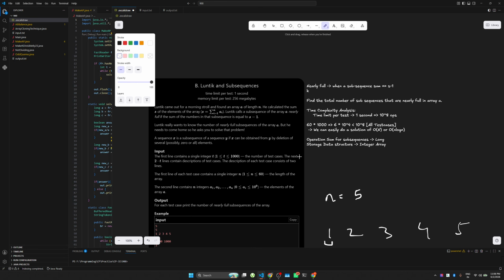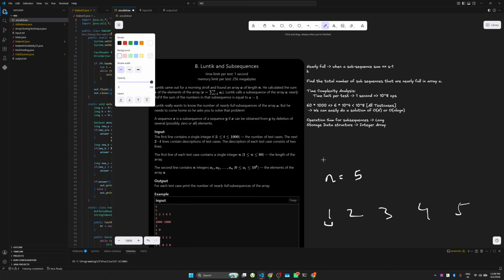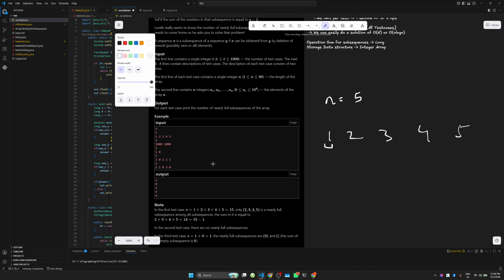Sequence X is a subsequence of Y if X can be obtained from Y by deletion of several, zero or all, elements. Okay, we need to find the number of nearly full subsequences.